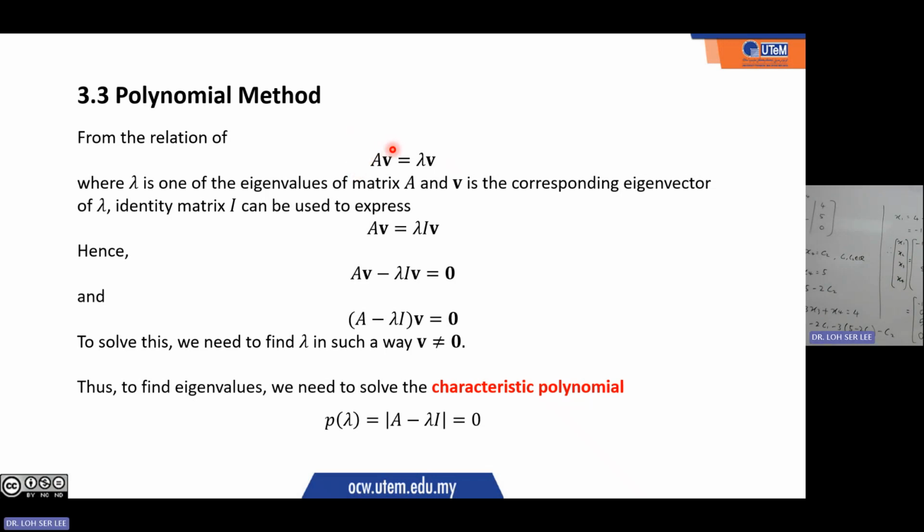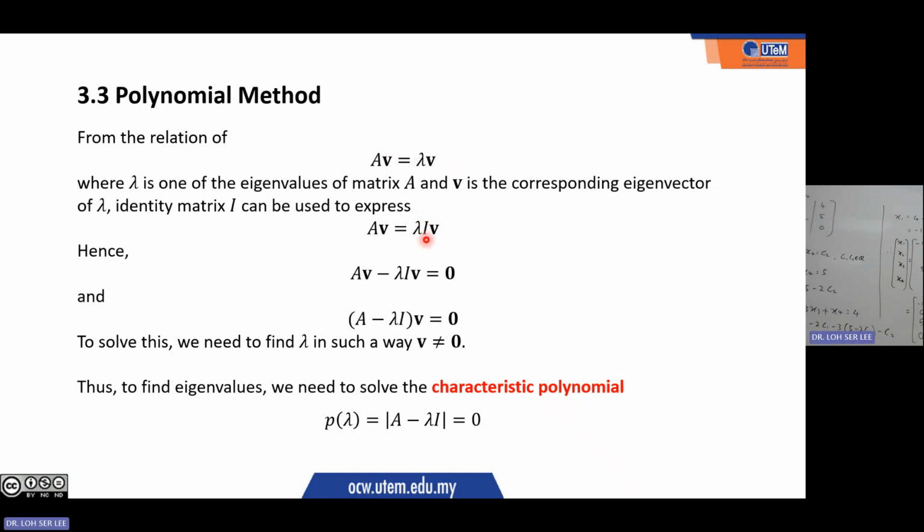But what is A minus lambda? A is a matrix, lambda is a constant. We can never subtract a constant from a matrix, right? Impossible. It must be matrix minus matrix. So we can't move this directly.